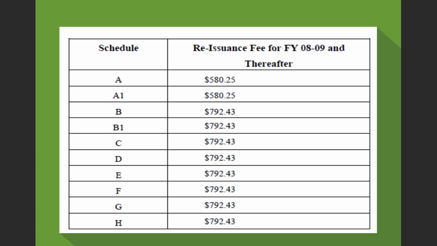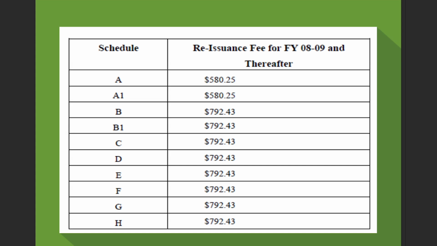Those are broken out by fee schedule as well. So again, if you have a Schedule C and you want to submit an admin change, then the fee is $792.43. However, if you have a Schedule A and you want to submit an admin change, then it's $580.25.